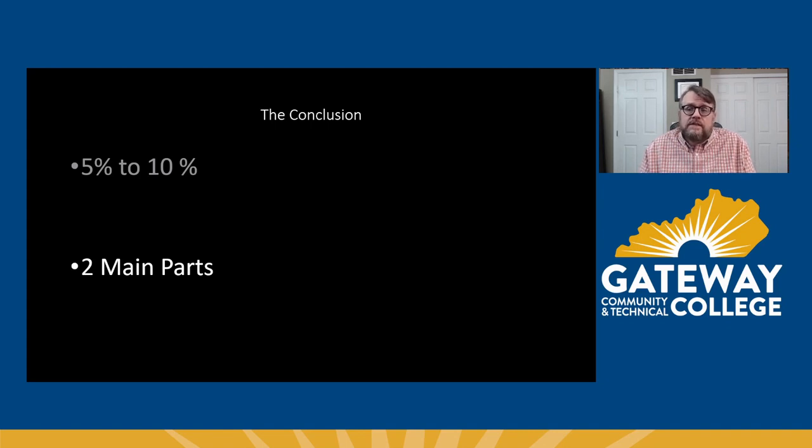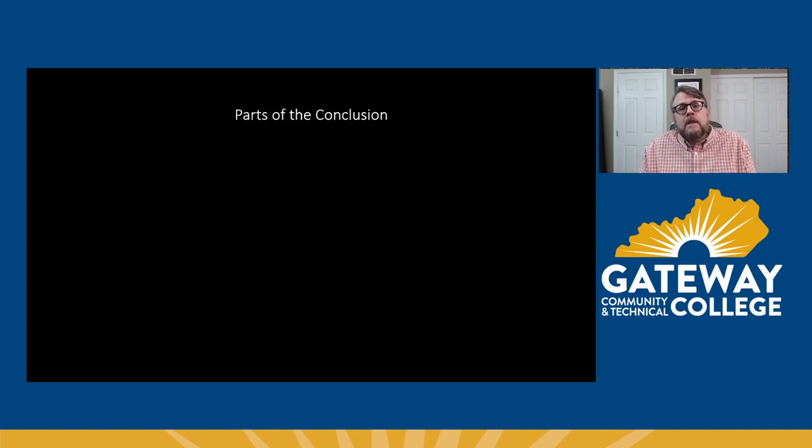Okay, so what are these things? Well, the first part of any effective conclusion is you need to have a sentence in there that we would call signals the end. What I mean by that is a sentence that really lets the audience know that you've reached the conclusion and kind of helps them remember what you talked about. That's the first part.